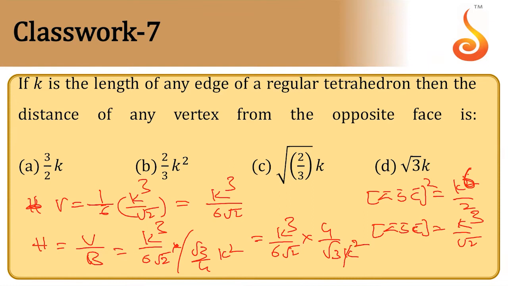This is K square means K comes. This is 2, 3. Yes. See the right answer. Yes, good.